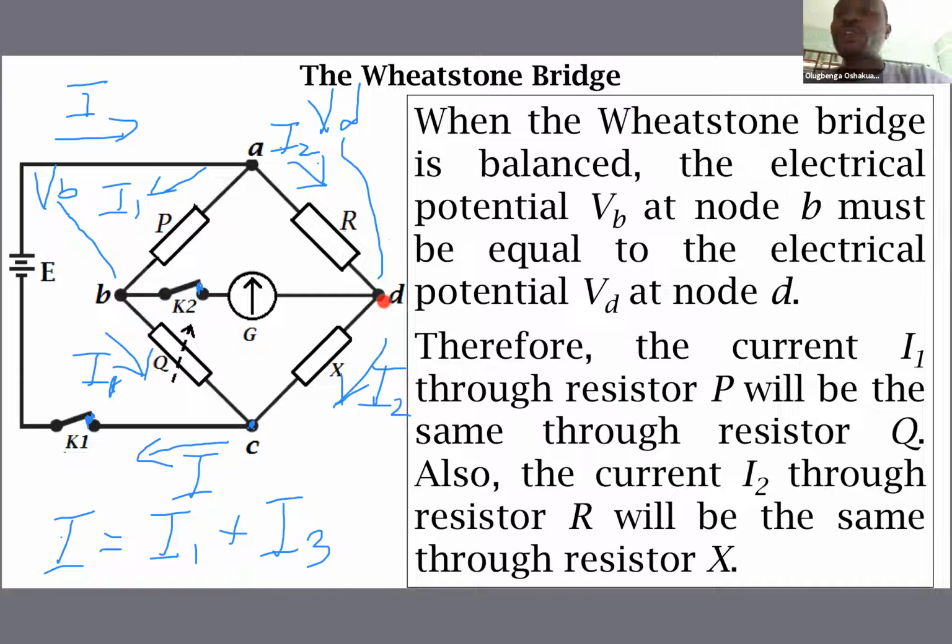Now we have assumed I1 to flow through resistor P and current I2 to flow through resistor R. So let's move ahead.